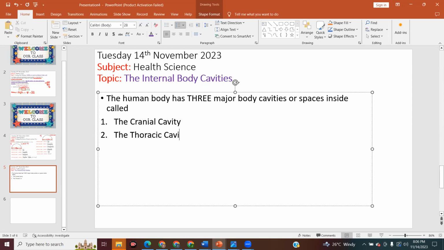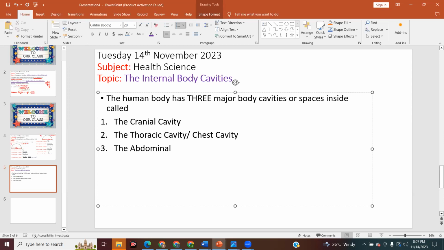No, not stomach. They call it the chest cavity. And then the third one is the abdominal cavity.